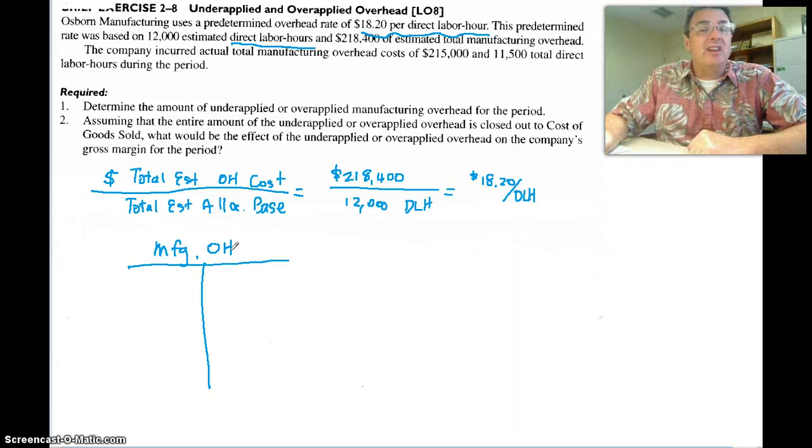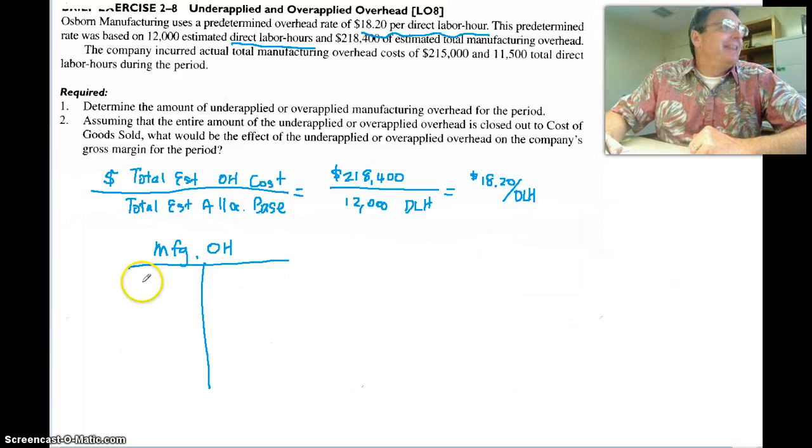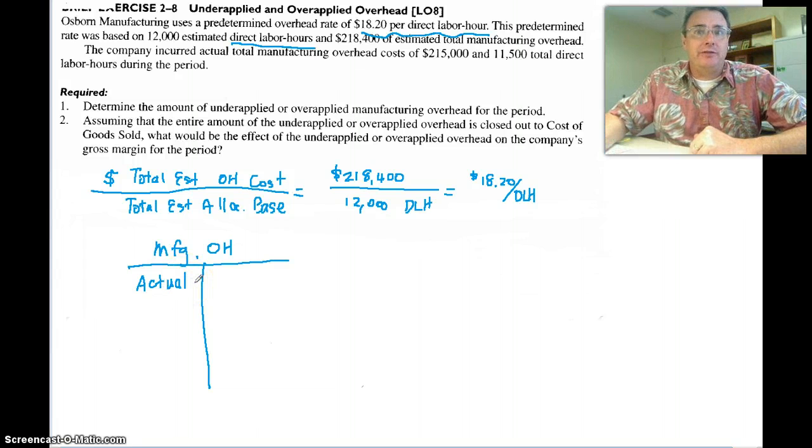You may say that's where the debits go, Brother Nemro. That's very good. Debits do go on the left, but what does it mean in terms of manufacturing overhead? That means we're looking for actual manufacturing overhead to be recorded on the left side, the debit side.